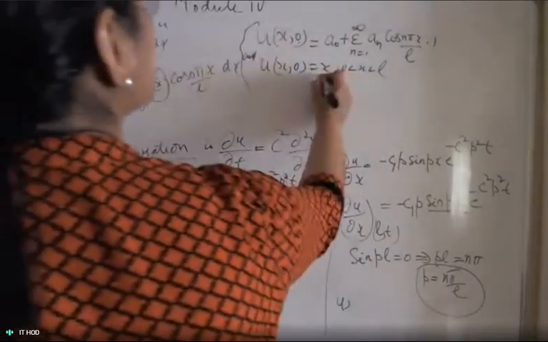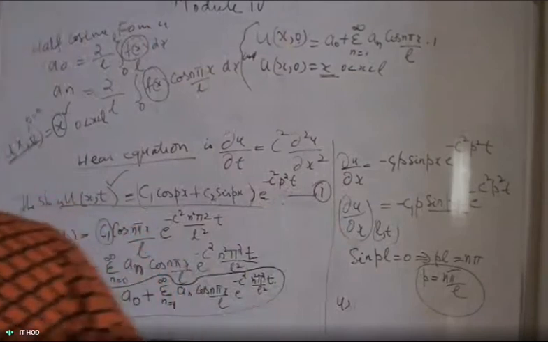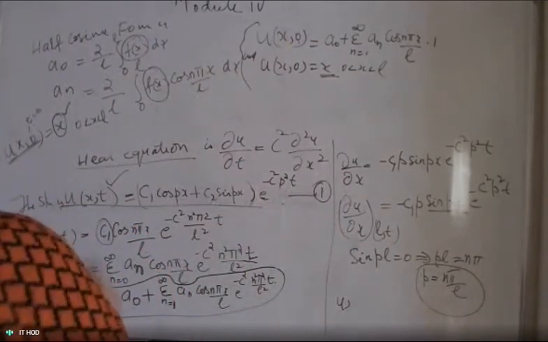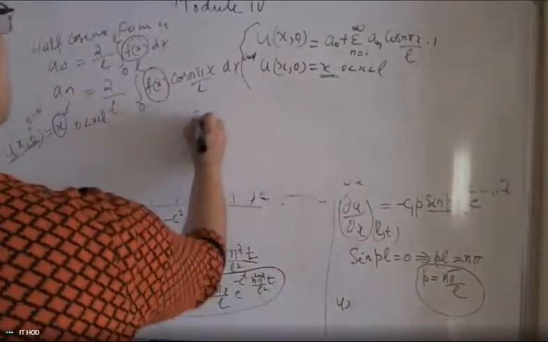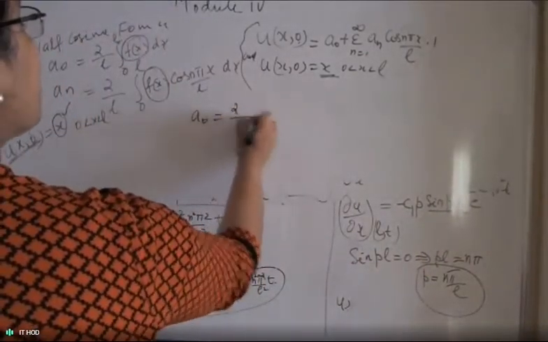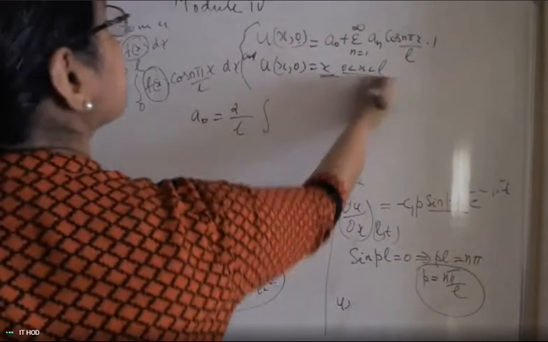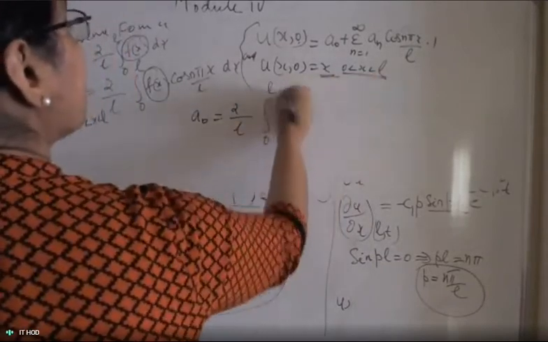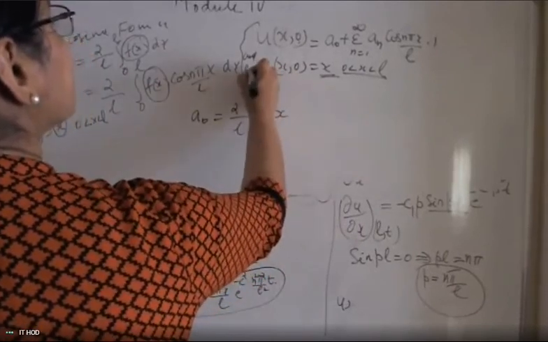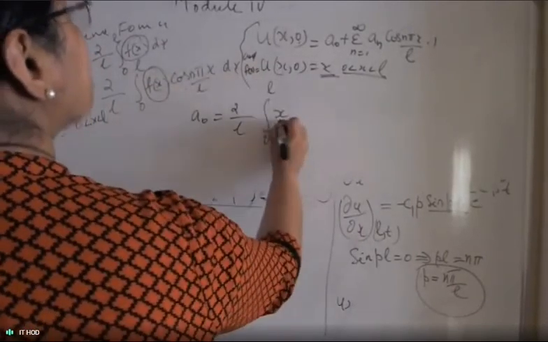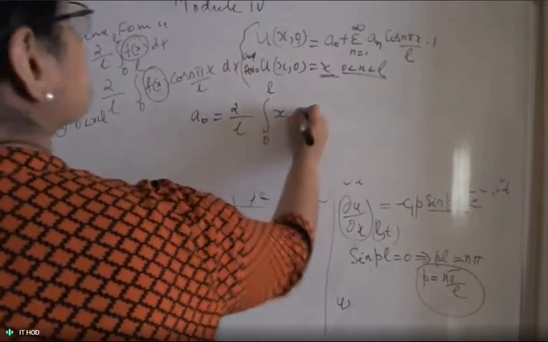Now this is fine. We can use this f of x in order to find a naught and a n. We can find a naught using a naught equal to 2 by L integral, the limit from 0 to L. F of x is x. This is our f of x, dx.